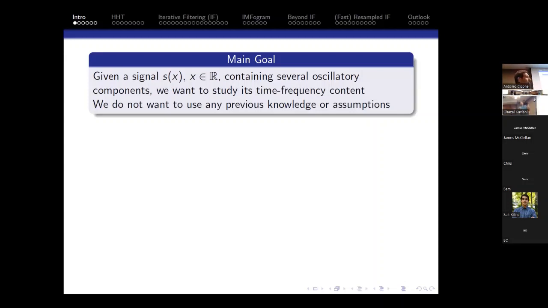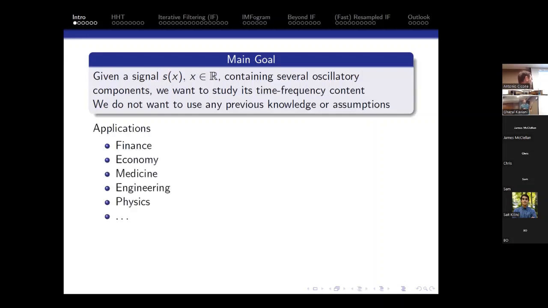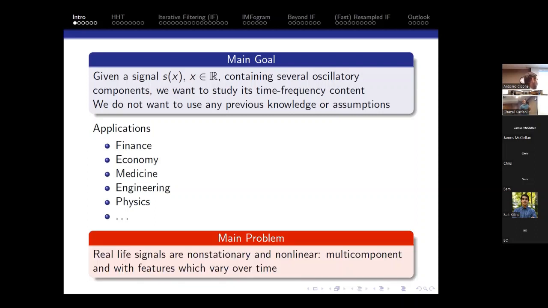What we want to do is extract time frequency information from these signals, or understand what the hidden features are. You have many applications wherever you can measure some quantity over time, or even over space sometimes. The problem is that in real life you have nonstationarities, and these create a lot of trouble for classical techniques, Wavelet, Fourier, or techniques derived from them.